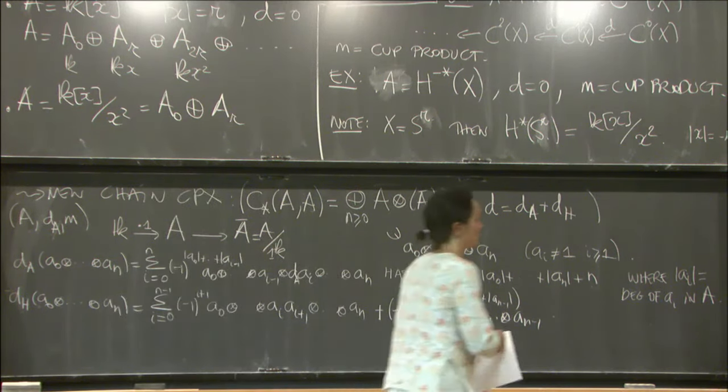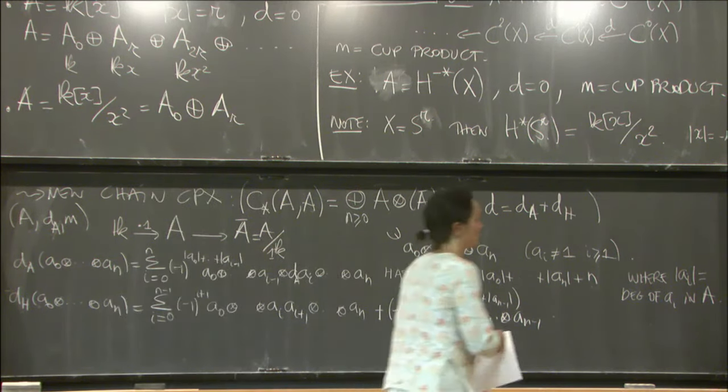Either way works. I put the other sign in my notes, the other way around, so let's do it the other way around. Then I have the same d_H, and d_H of this plus minus 1 to the degree of A, with d_A the same.